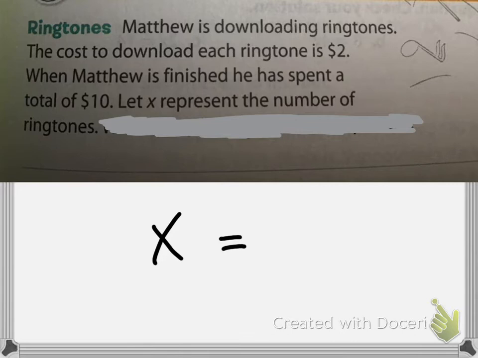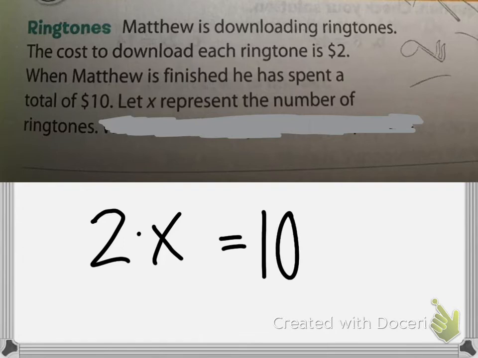Lucas, what do you think the equation is? I think since we're doing multiplication, it would be 2 times x equals 10. He's correct. 2 times x equals 10. I don't even need that times because remember, when things are touching, it means multiply.